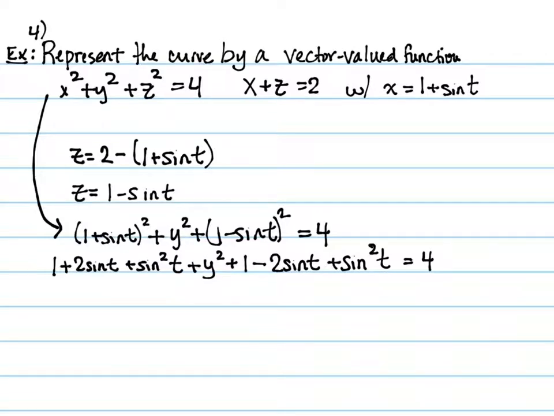Some of these things clean up nicely. Some of them cancel out completely. What do you see that you can do? Cancel the 2 sine t and the negative 2 sine t.